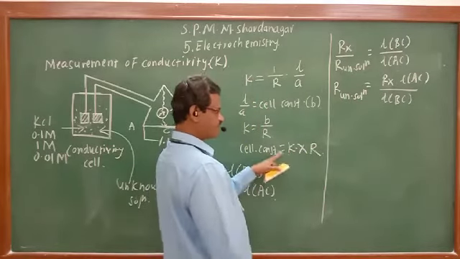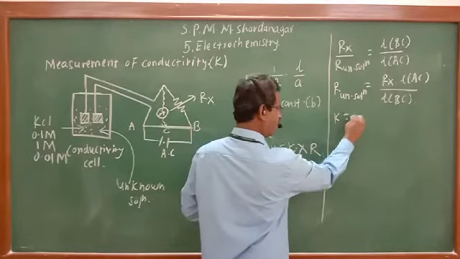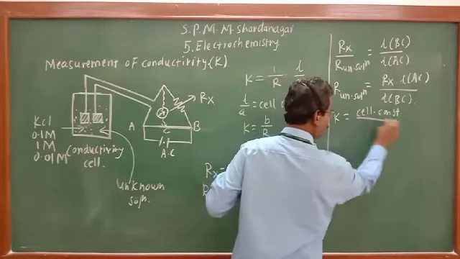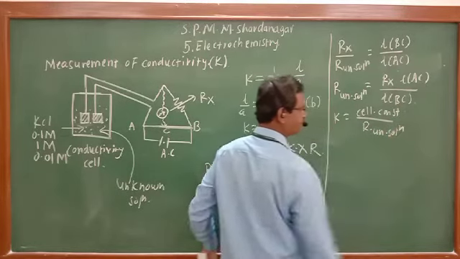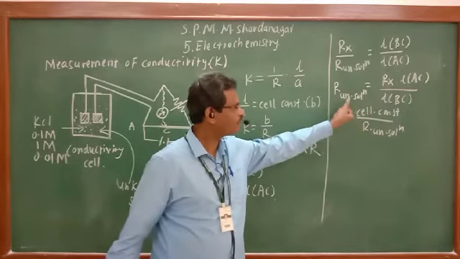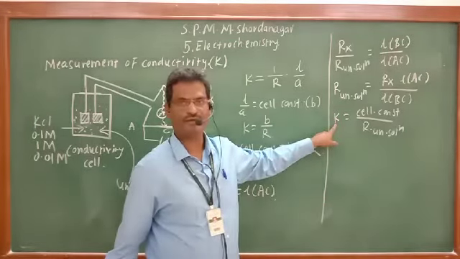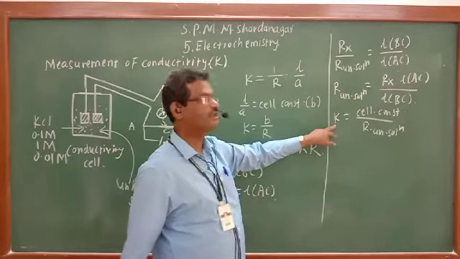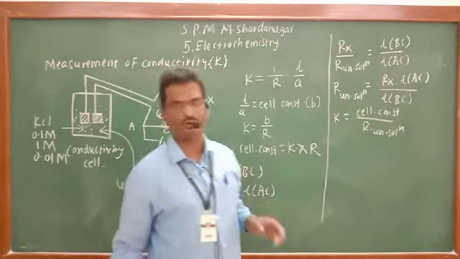We know the cell constant already calculated. So K will be equal to cell constant divided by R of unknown solution. Now cell constant is known, R of unknown solution we have calculated, so we can easily find out the conductivity of unknown solution.